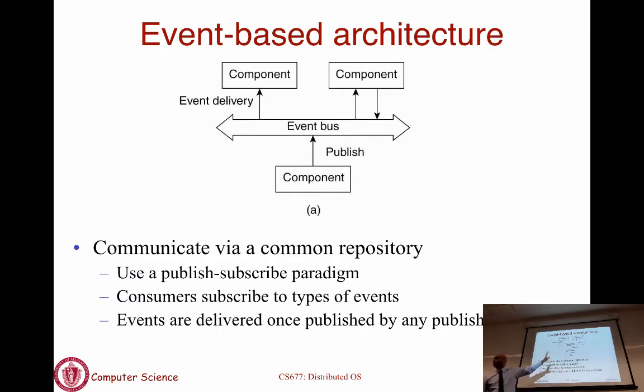In most pub-sub architectures, you publish events, and data is a type of event, and you subscribe to types of events. Whenever an event of interest is published by a publisher, it will be delivered to you from the event bus. Is that clear? It's called event-based.